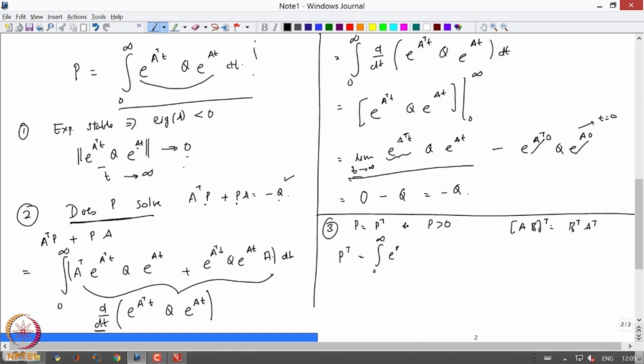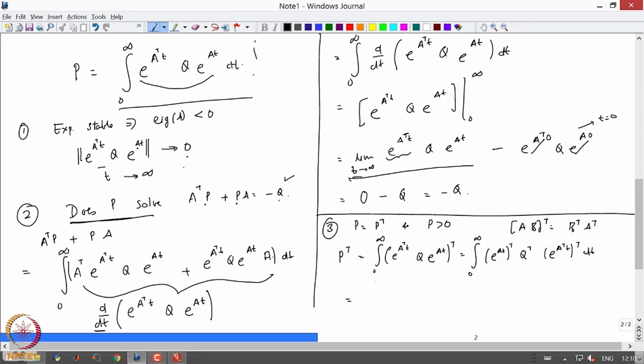So, this will be e power A transpose T Q e power A T, the transpose of this. I will write a little more elaborate steps. So, this will be the integral from 0 to infinity of the transpose of e power A T, Q transpose, and the transpose of e power A transpose T.